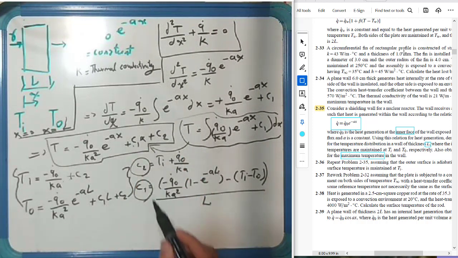And then if I put c1 and c2, this relationship here, and this relationship here, in place of these, I would have the main formula for temperature.